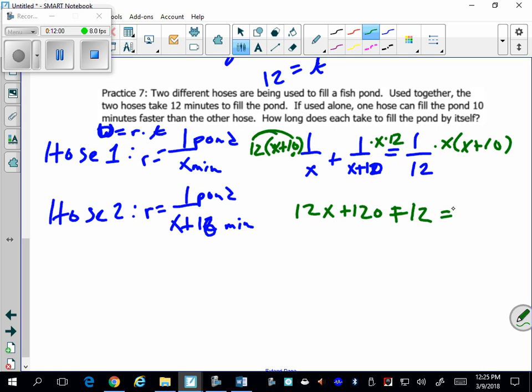Now you see it's quadratic, so move all the terms to one side, so subtract 12x over here, add these two together, 120 and 12. You get 0 equals x squared minus 2x minus 132.